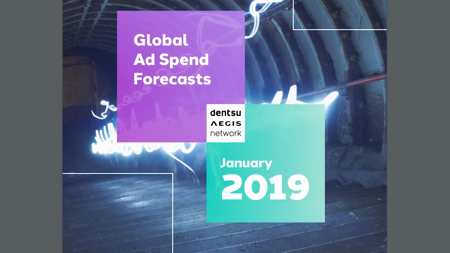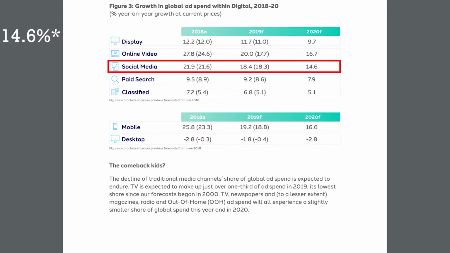And for this, I got information from Deus Aegis, which is a research firm that does this kind of research, and they are expecting the social media advertising industry to slow its growth to about 16.7% in the next year. And that's a dramatic slowdown from the 27% that the industry achieved, I should say, in 2018. So again, this is in line with what Facebook has been showing over the past 10 years.